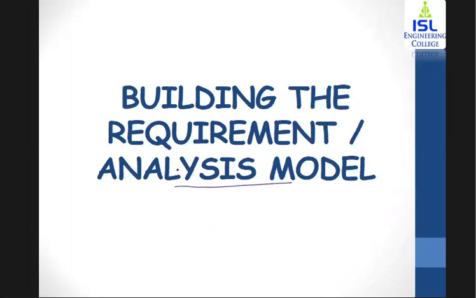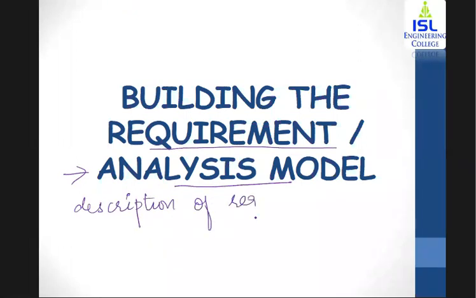Now, another name for the analysis model is the requirement model. Why are we designing an analysis model? Because it gives you a description of whatever information is required by the system. It gives you all types of required information first.